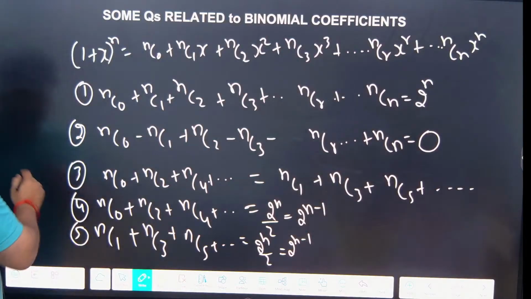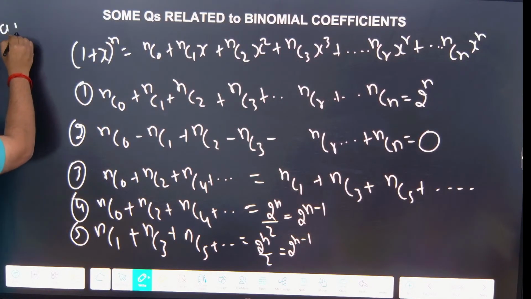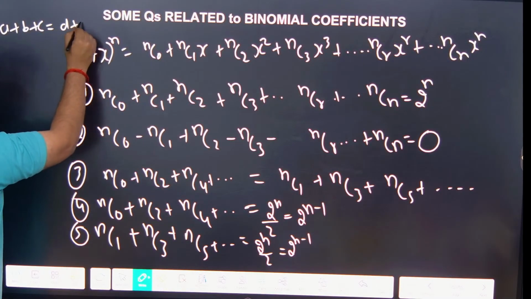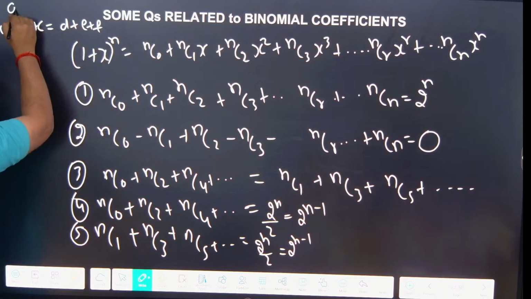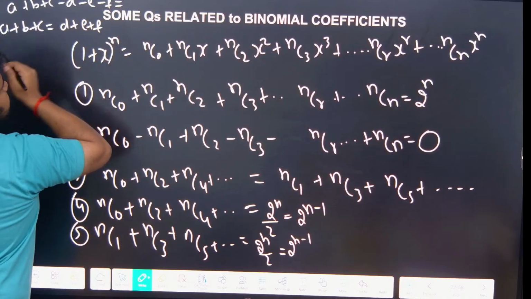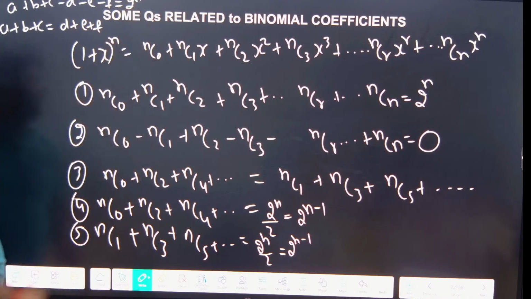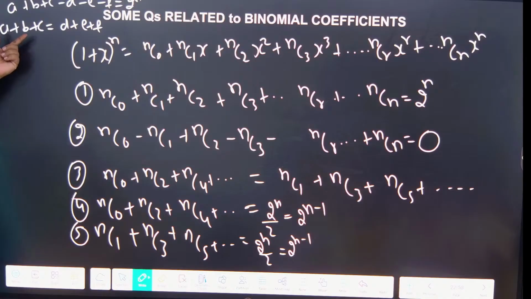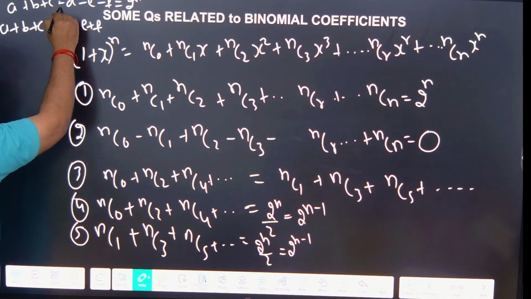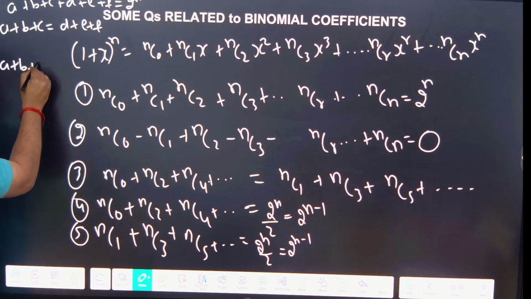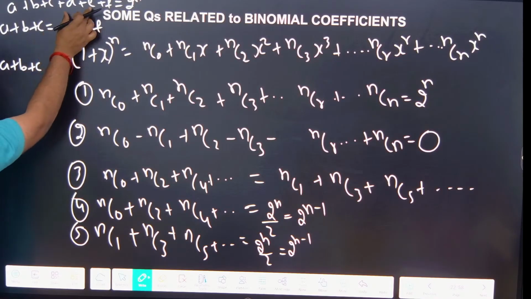Just observe what I wrote: suppose a + b + c is equal to d + e + f, but a + b + c - d - e - f is 2^n. Then a + b + c plus d + e + f, I can write instead as 2 times (a + b + c).